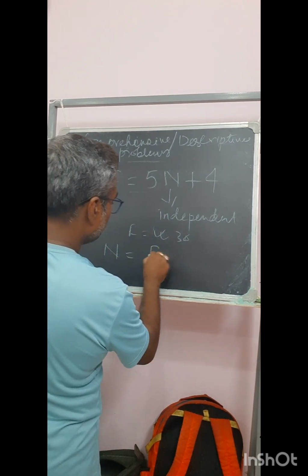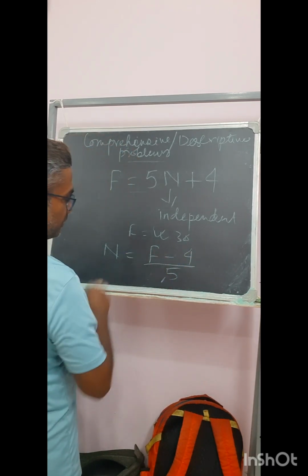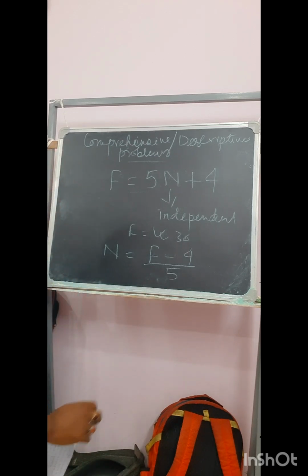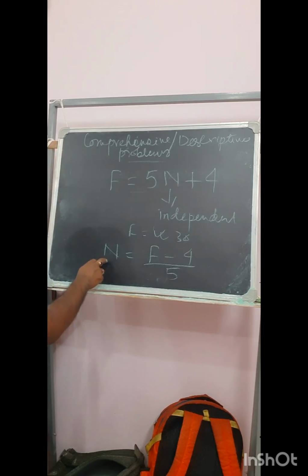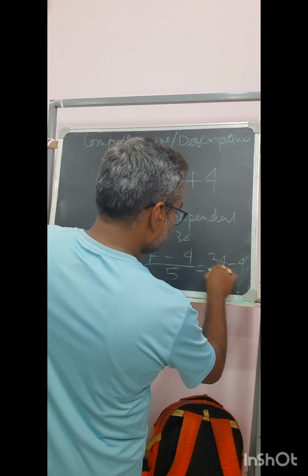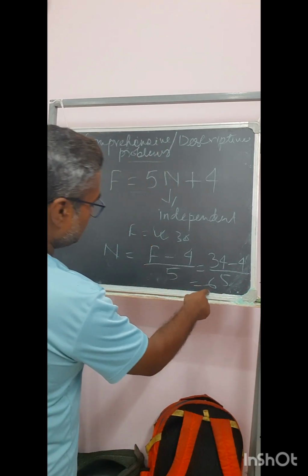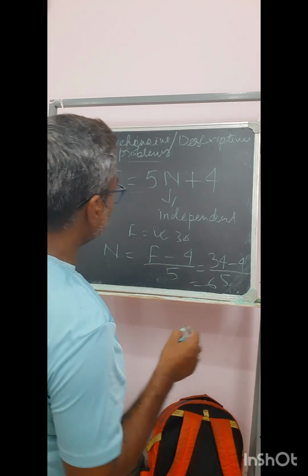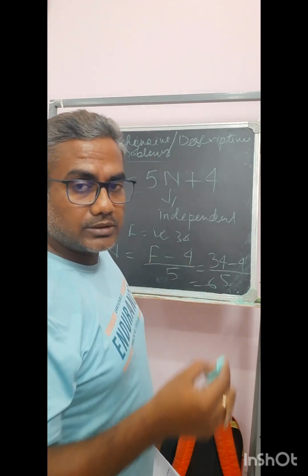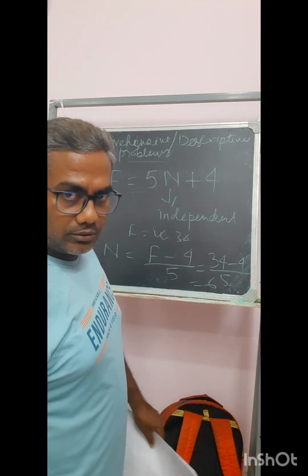So if I put it in the form of independent variable f, it will be worthwhile to calculate n, because this time n has to be calculated. Father's age 34 is given, minus 4, divided by 5, that will give you 6. So Nidhi's age is 6. So you have to see which value is given in the problem, and that has to be treated as independent, and then you can calculate from the equation.